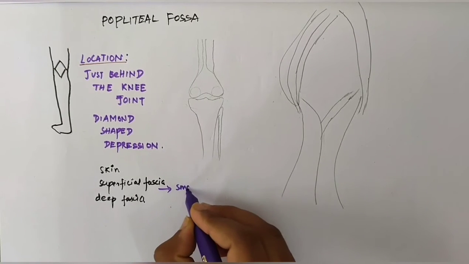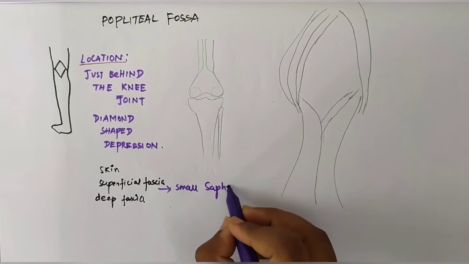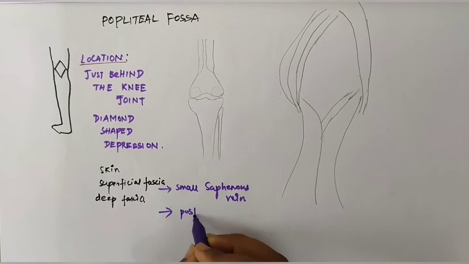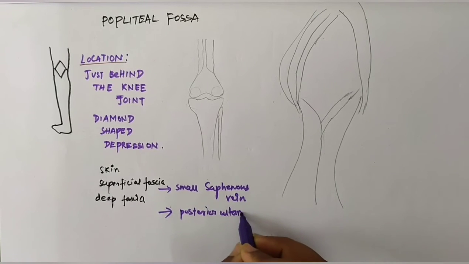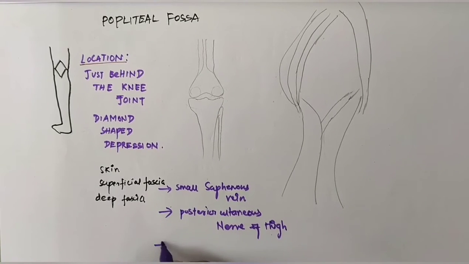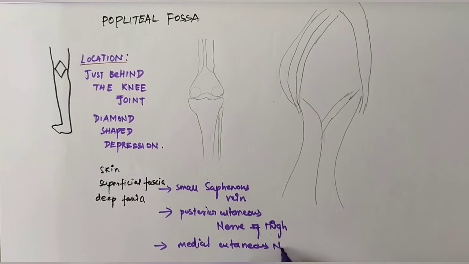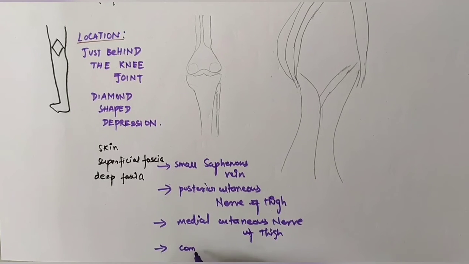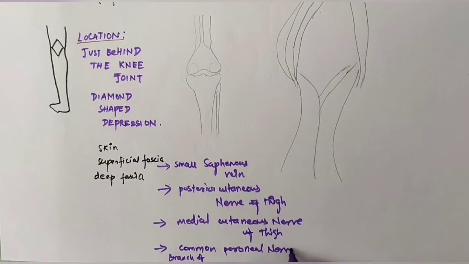That are small saphenous vein, and next is the posterior cutaneous nerve of thigh, and next is the medial cutaneous nerve of thigh, and then a branch of common peroneal nerve.